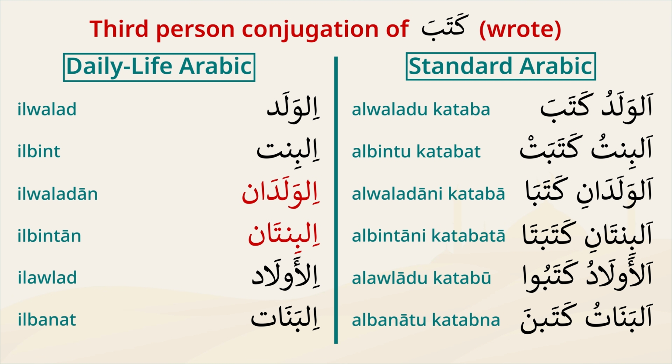Do you remember? We said before that the ending alif noon is never used in speaking. When dealing with any dual noun, we stick to the second ending, which is ya noon. So they will be il-waladin and il-bintain.